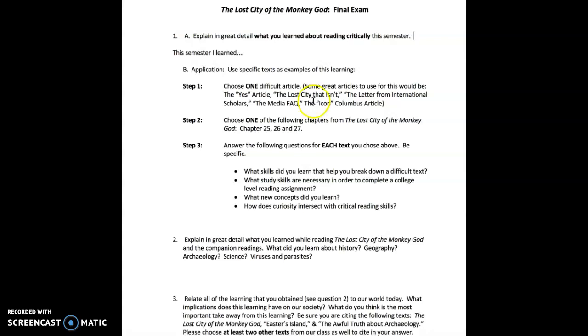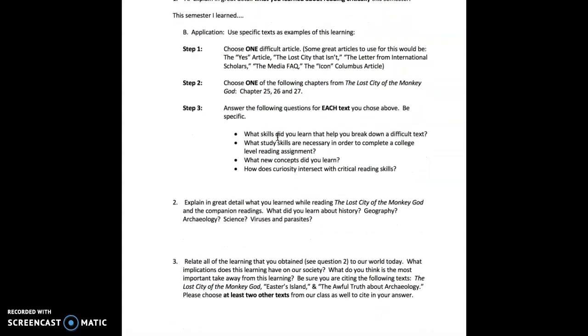All right, so choose one article, and then you're going to choose one of the following chapters of the book. You're going to choose 25, 26, 27. They're the most recent, and they should be in your brain the best. That's why I chose the last 3, so you had a choice, but it would be fresh in your memory. Okay? So choose one chapter. And then you're going to answer the bullet pointed questions right here for both of these things.